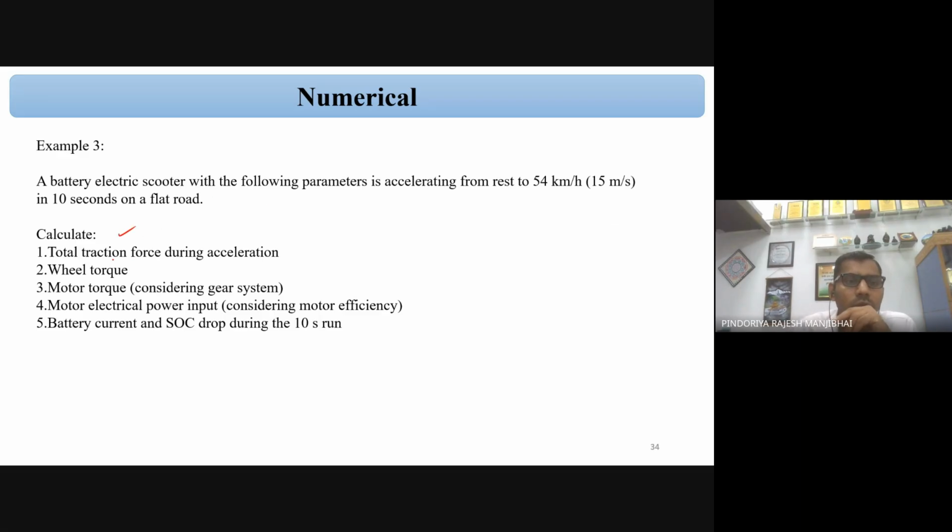So we have to calculate the total traction force during the acceleration, wheel torque, motor torque considering the gear system, motor electrical power input considering the motor efficiency, and battery current and SOC drop during the 10 seconds. So you can try before the next class. I will give you the time to solve this example, and then I will solve it in the class. Okay.